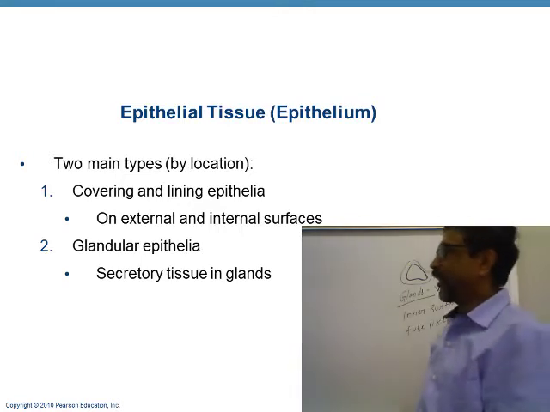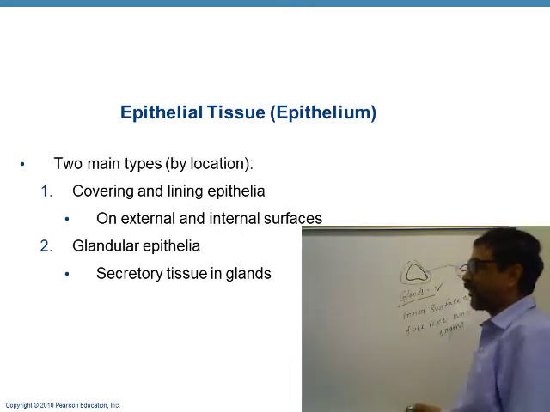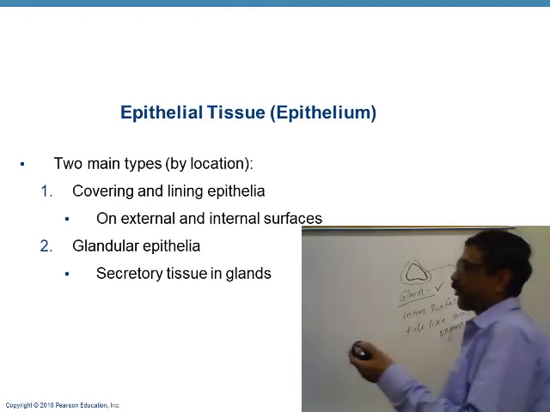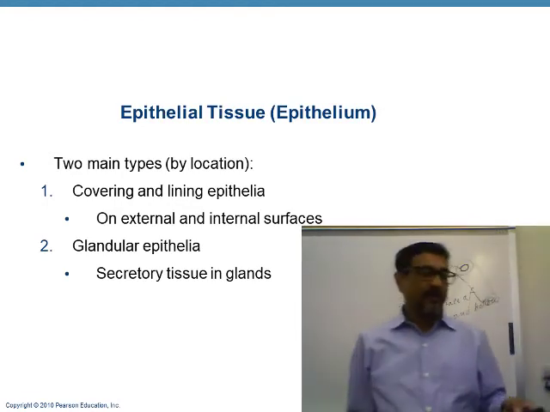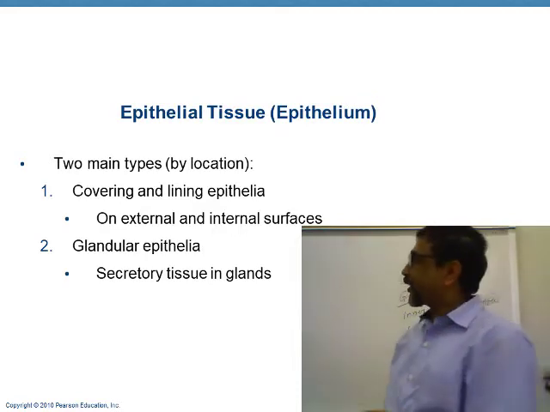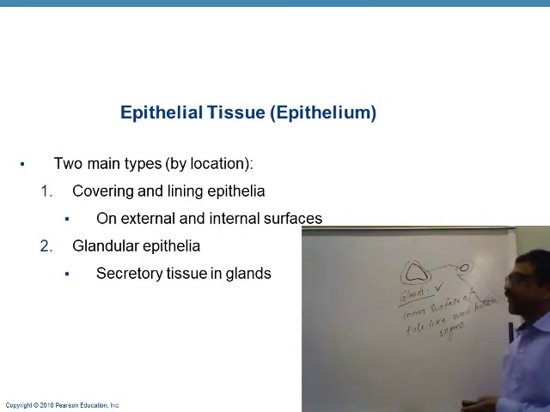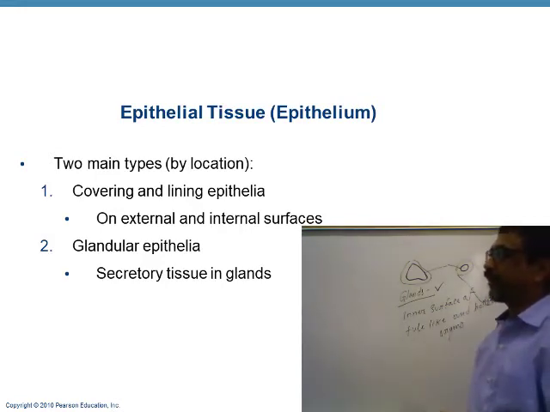The lining epithelium is present on the inner surface or innermost layer of the tube-like structures and hollow organs. So that is the classification based on the location, right? Glandular and covering and lining.